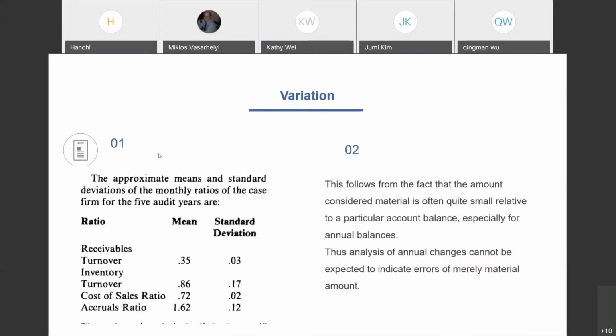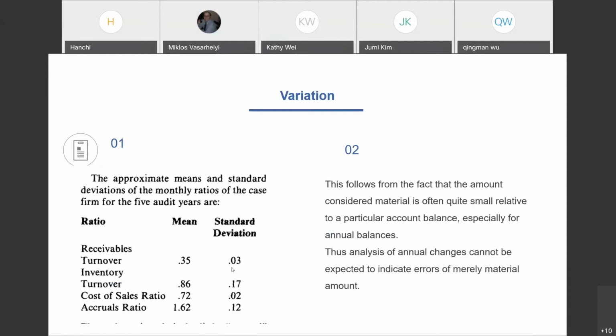Here is the result when we check the standard deviation and mean. We can see that there is relatively little natural variation in the cost of sales ratios. And there is a relatively large variation in inventory turnover here.